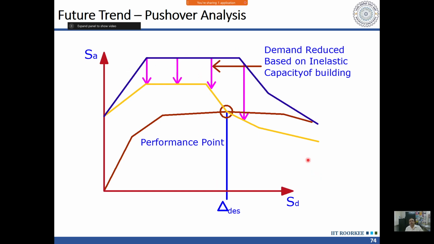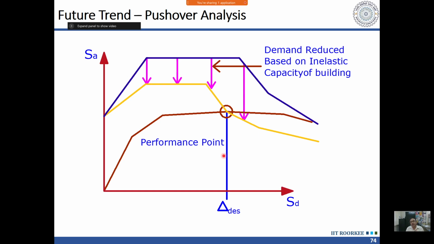There is only one problem here, and the problem is that in the capacity curve, the equivalent damping is changing with displacement, because when we were talking about hysteretic energy dissipation, the energy dissipation changes with displacement, and that energy dissipation we can represent by equivalent damping.